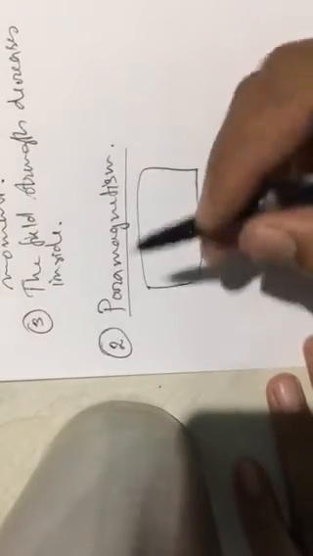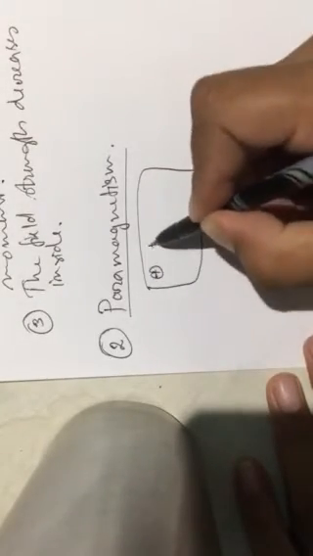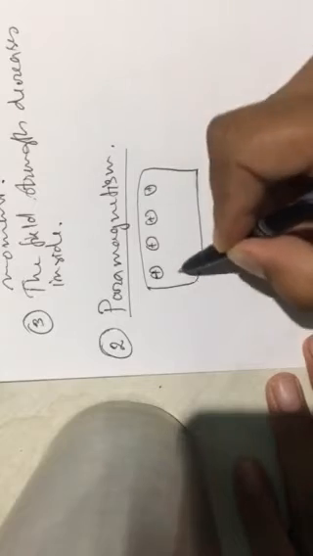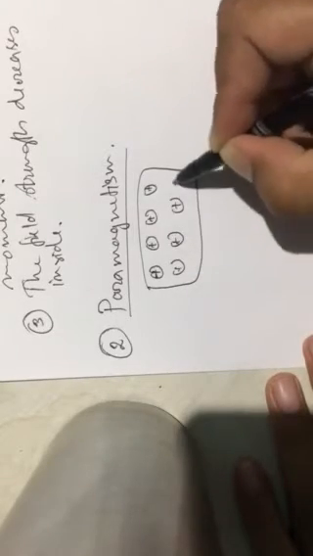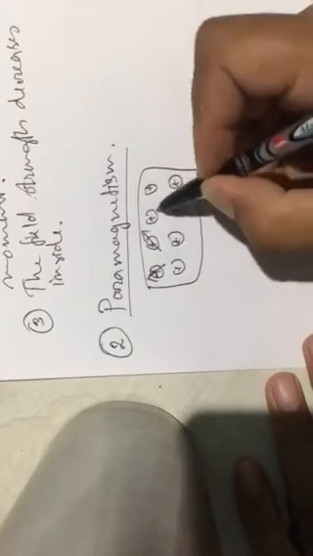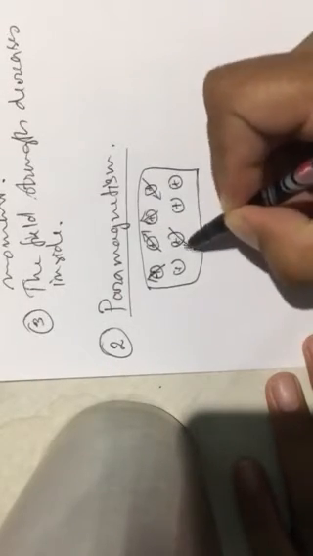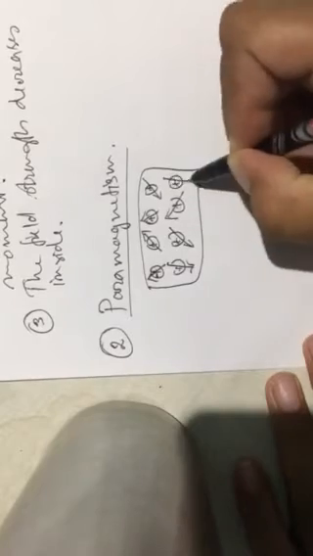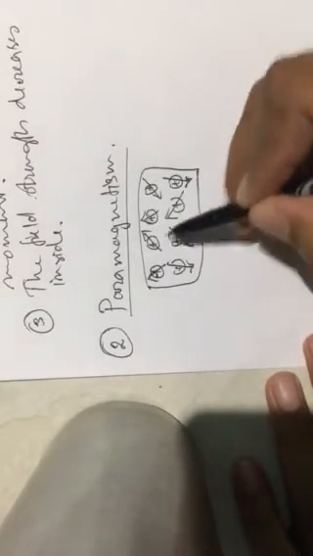Now, what is paramagnetism? In paramagnetism you can have atoms who have a net magnetic moment but they are randomly oriented. So, these magnetic moments are randomly oriented.